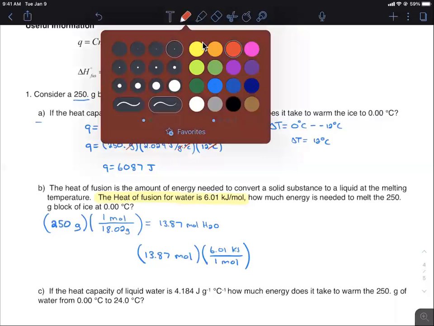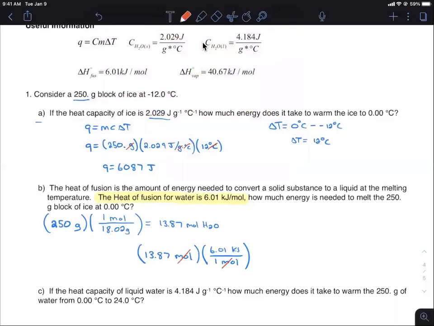Now we can see our moles are going to cross off, and we're going to be left with, watch your units, kilojoules of energy. I got 83.4 kilojoules of energy. You can see it takes a lot more energy to melt the ice than it did to warm that piece of ice 12 degrees.